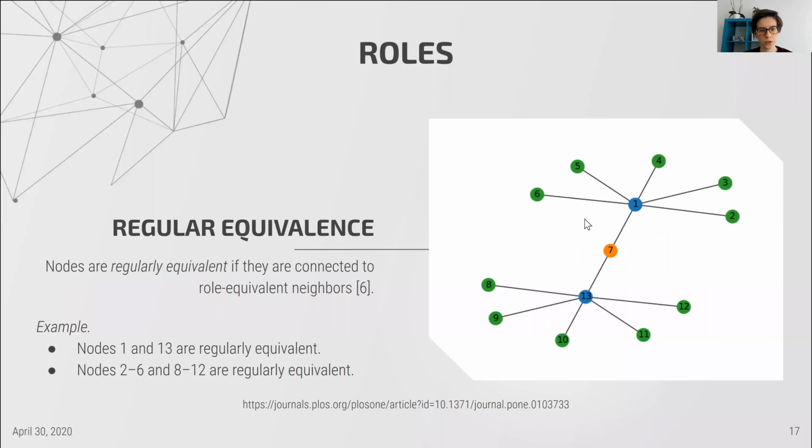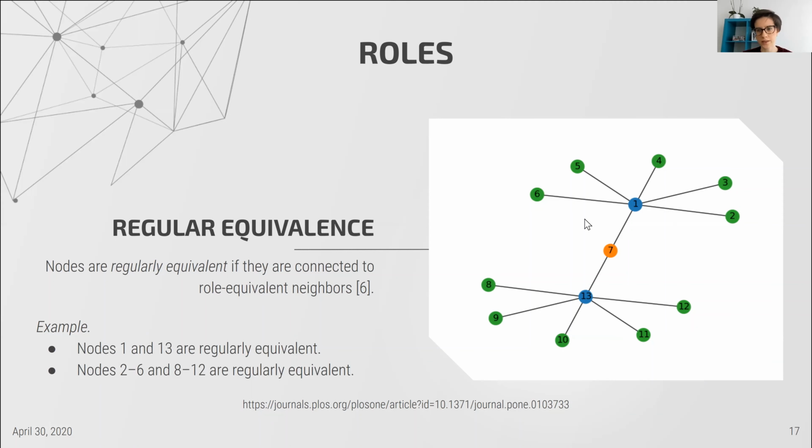And so we move to regular equivalence. In this case, we say that two nodes are equivalent if they are connected to role equivalent neighbors, in the sense that two nodes have the same role if they are connected to neighbors that, in terms of composition from the point of view of roles, are the same.